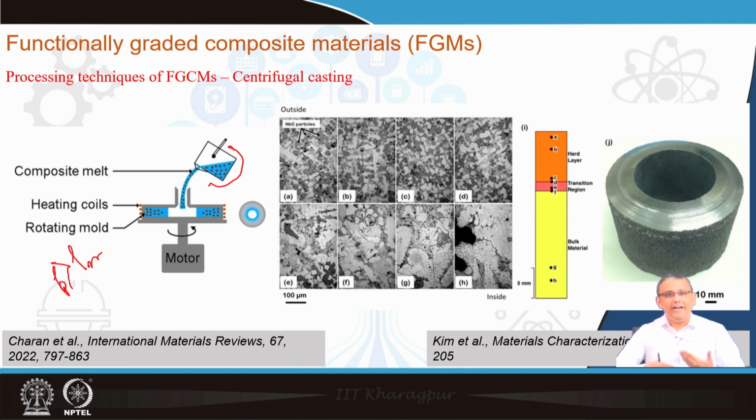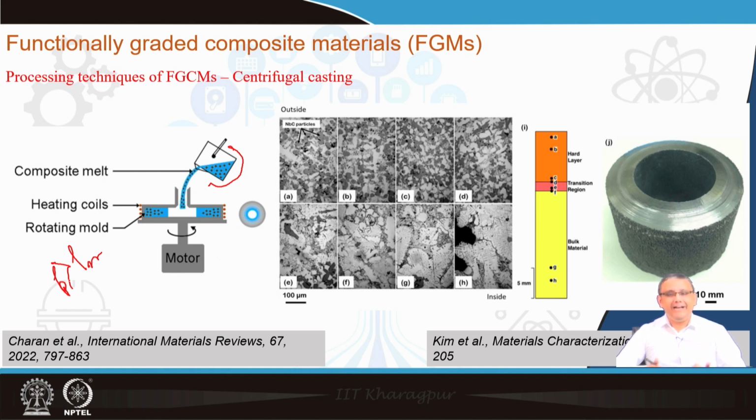Normally, for these composites based upon the melting casting route, aluminum and magnesium based metals are the most common ones, and almost all the ceramic particles like aluminum oxide, silicon carbide, silicon nitride all have higher density than the melt of either aluminum or magnesium.